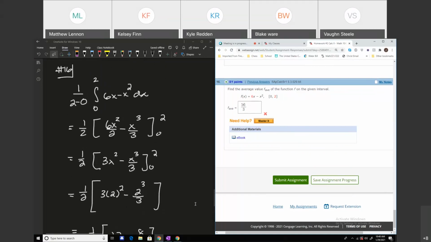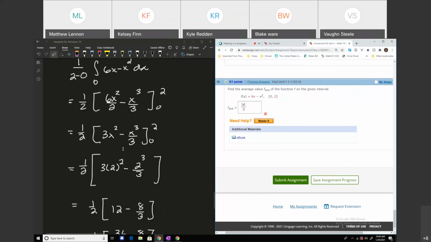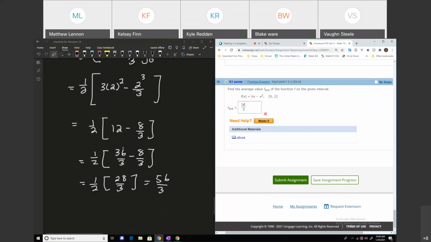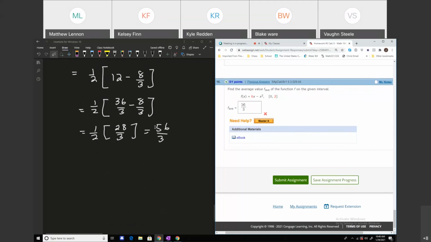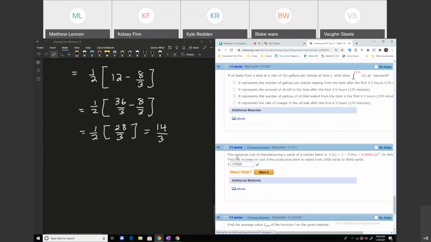Did we make a mistake? 6x squared over 2 is 3x squared. This looks right to me so far. Oh, I multiplied by 2, not 1/2. Sorry, I had a moment. 28 divided by 2 is 14, so it should be 14 over 3. My mistake. There we go.